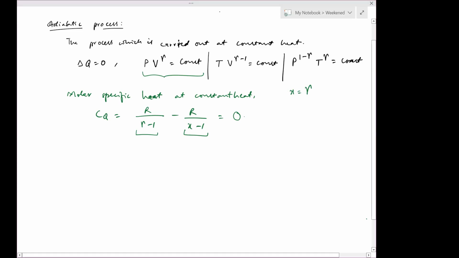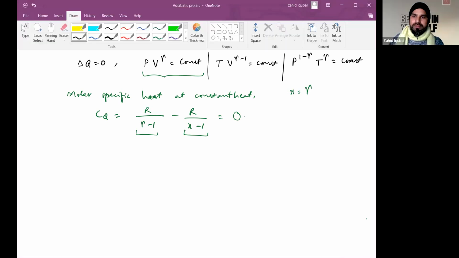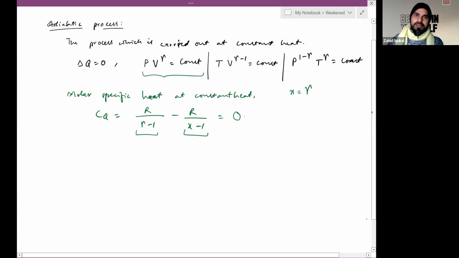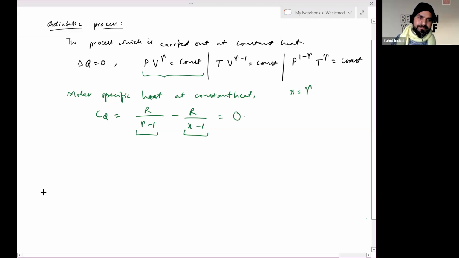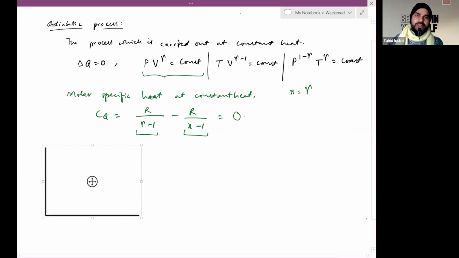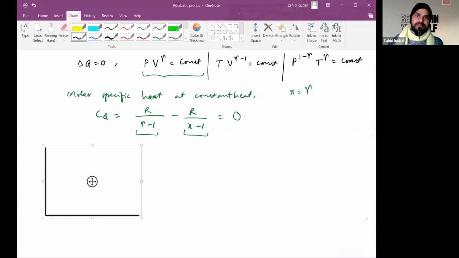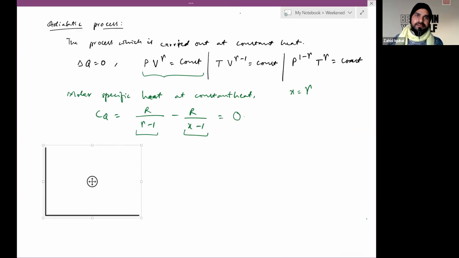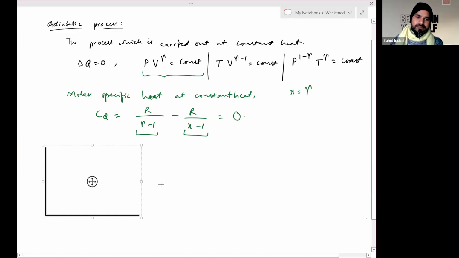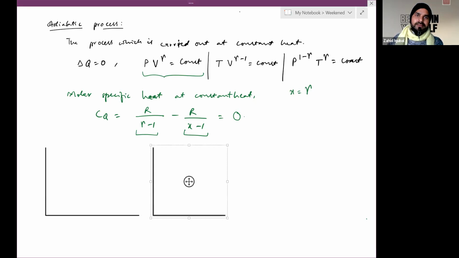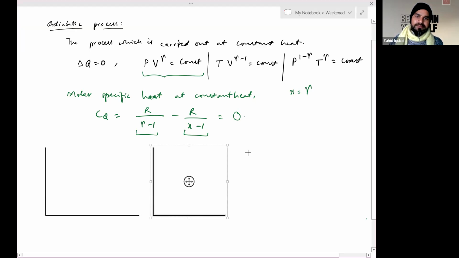Yes, sir. Now, graph related to this process will be between pressure versus volume, volume versus temperature, and pressure versus temperature.